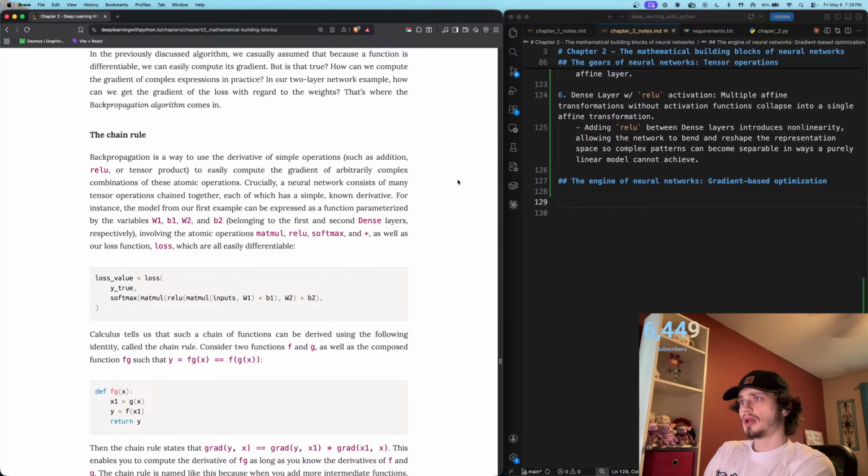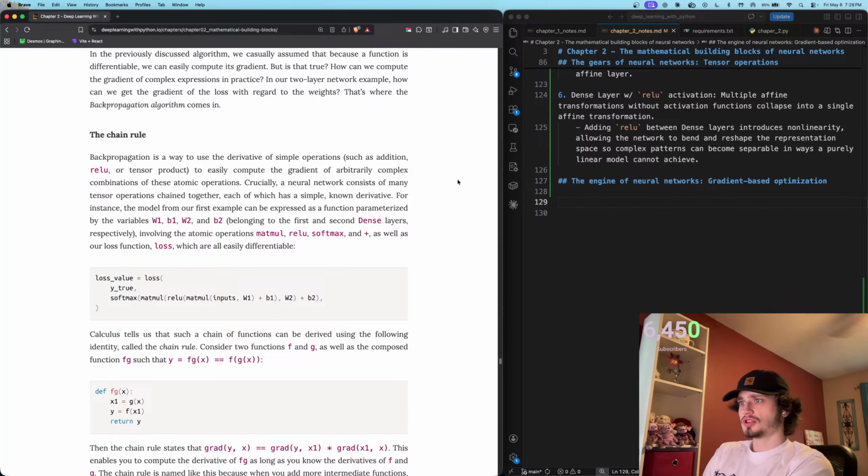For instance, the model from our first example can be expressed as a function parameterized by the variables w1, b1, w2, and b2, belonging to the first and second dense layers, respectively, involving the atomic operations matmul, ReLU, softmax, and addition, as well as our loss function, loss, which are all easily differentiable.